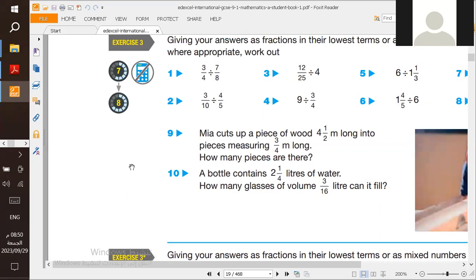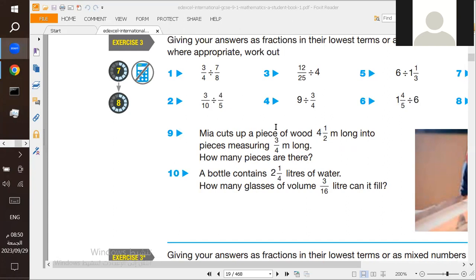Okay, question 9. Now, she cuts up a piece of wood, which is 4.5 meters long, into pieces measuring 3/4 meters long. Now, it means what? It means you're going to take this and cut it. It means you're dividing it. Yes.